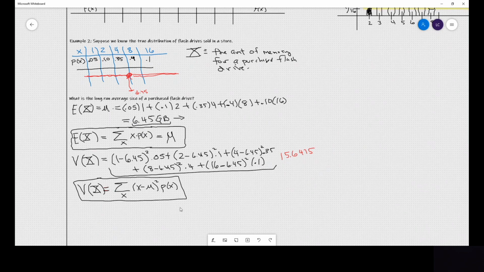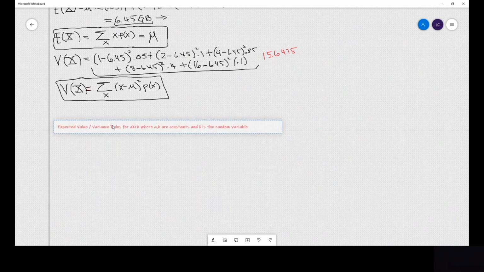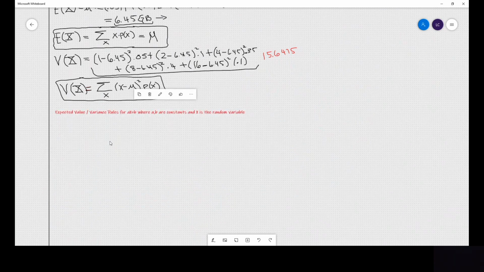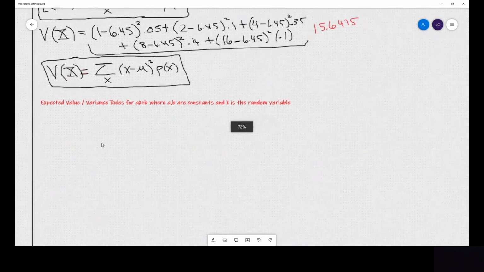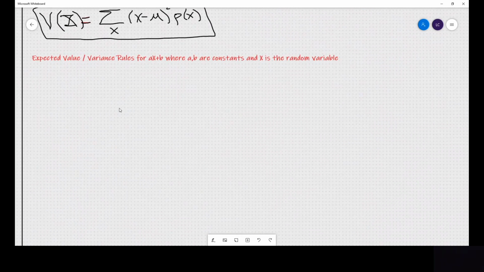So now what we want to do is get some rules for expected value, right? So I'm going to put this in red because this is a little different topic than what we've done here. When I say different topic, I mean we're expounding upon what we've already done. So what I'm looking for is the expected value.